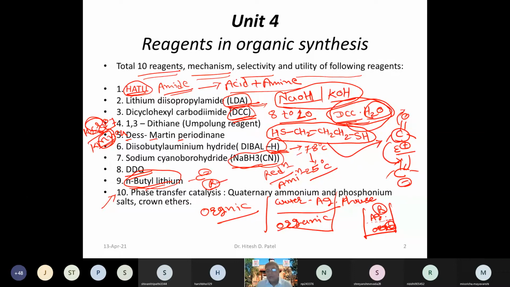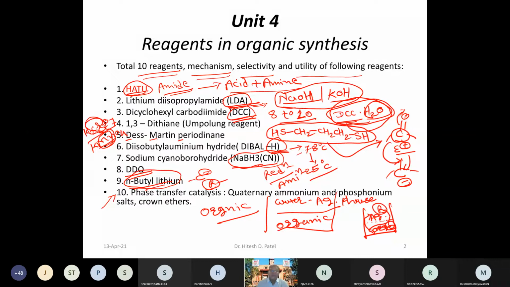Now when we are using the phase transfer catalyst, the reactive species from the reactant will bind with a specific type of reagent that is called PTC, phase transfer catalyst, and reach into the organic phase. Here the reaction will be completed by the particular reactant, and then the PTC will again transfer to the aqueous phase. So it is called phase transfer catalyst.